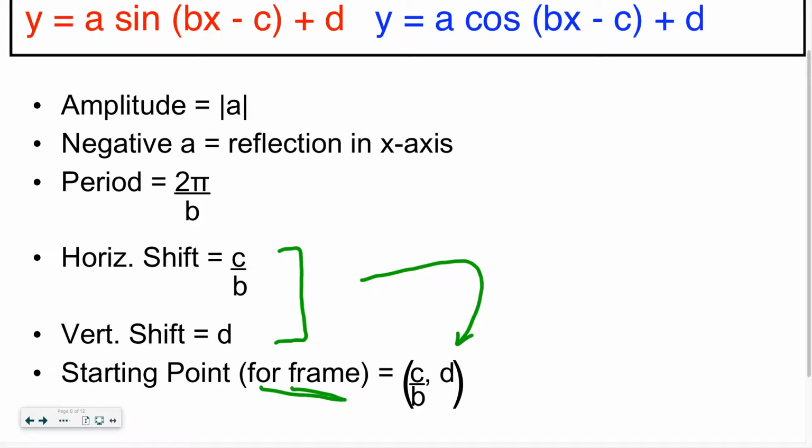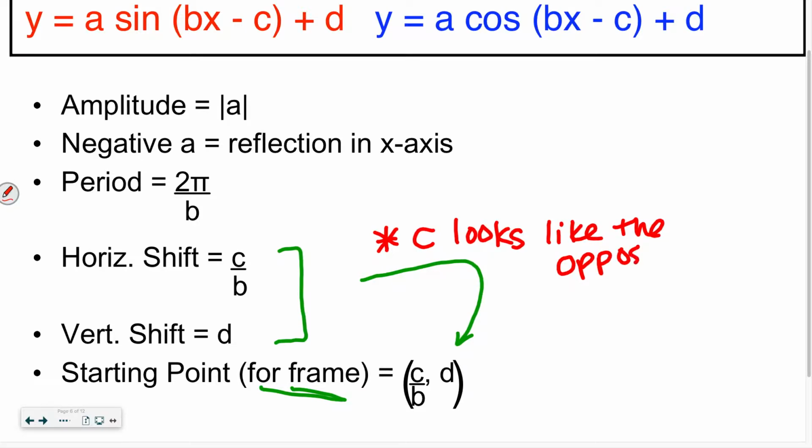Right now we're going to practice, can we find that start point? What's the left-right shift of this picture? Okay, and up-down. One thing that some people will benefit from writing in their notes for horizontal shift or starting point: I used to say it all the time about H, and now I'm going to say it about C. C looks like the opposite of what it is.